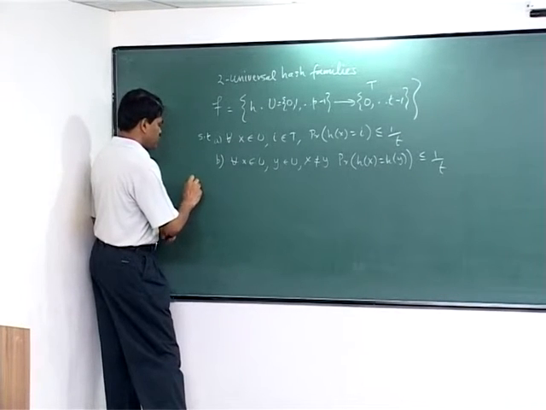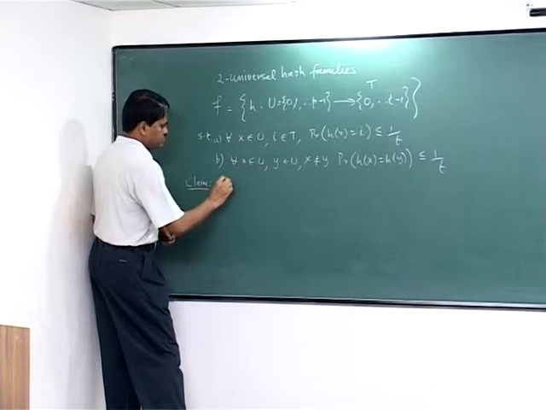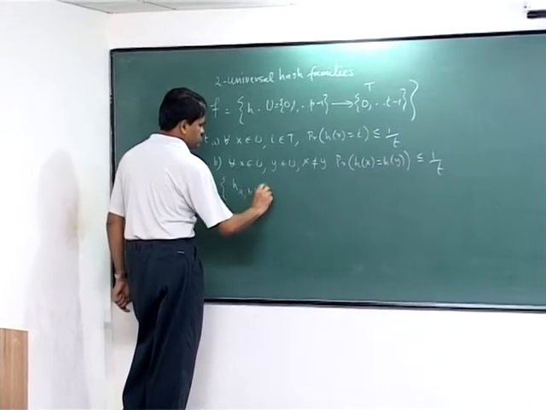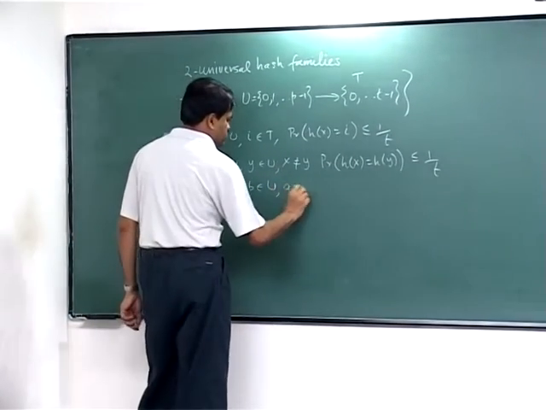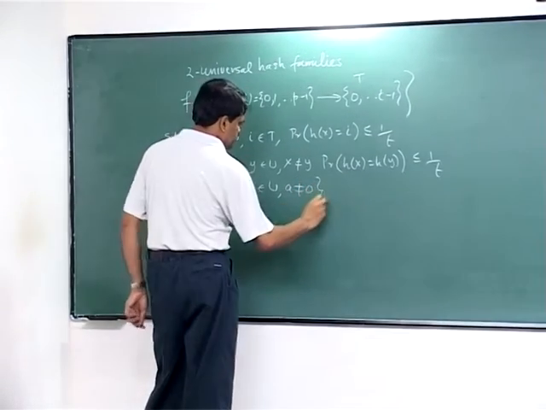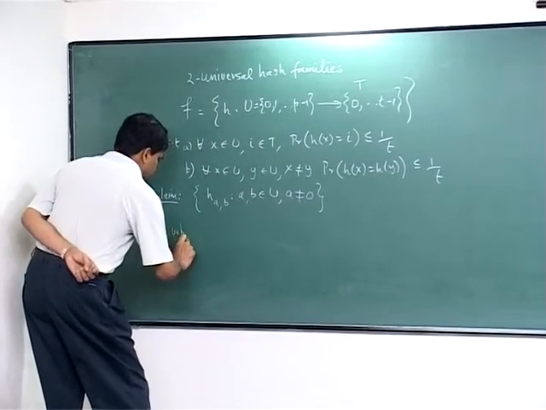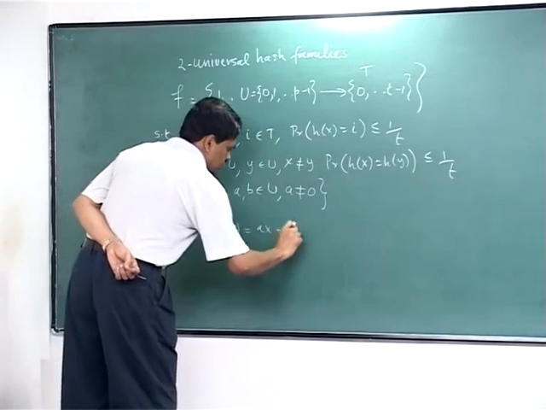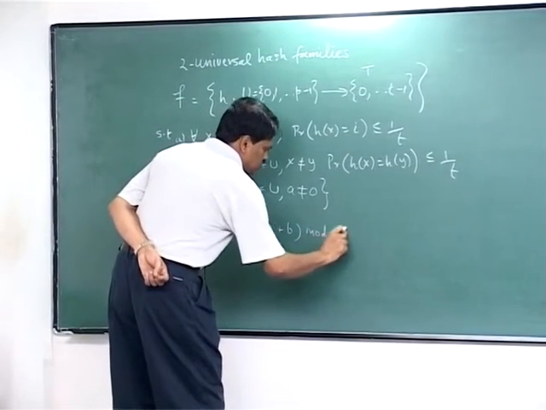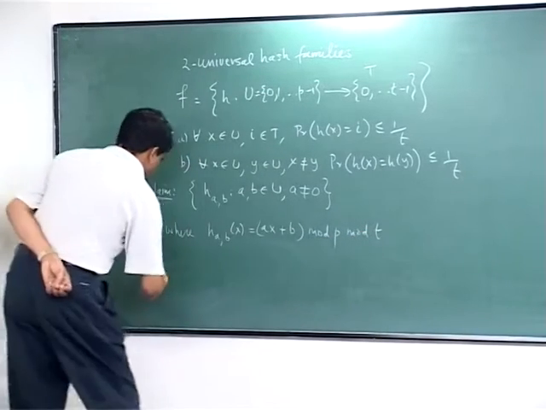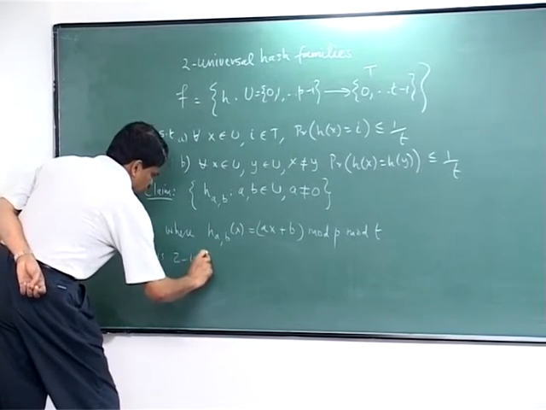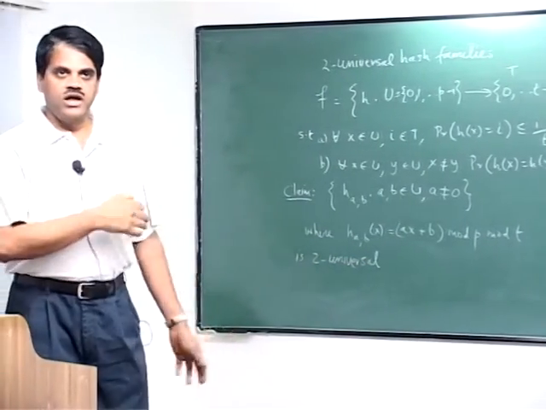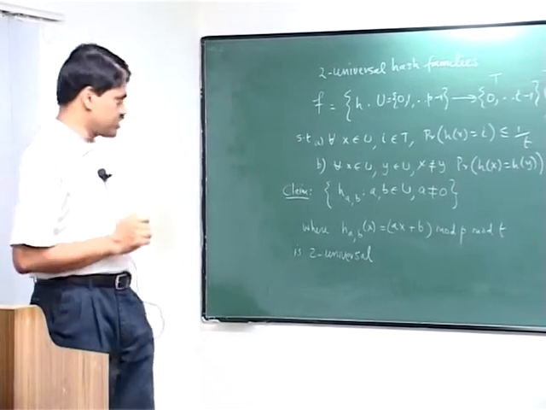So what we showed yesterday was an algebraic construction of a small sized two universal family.